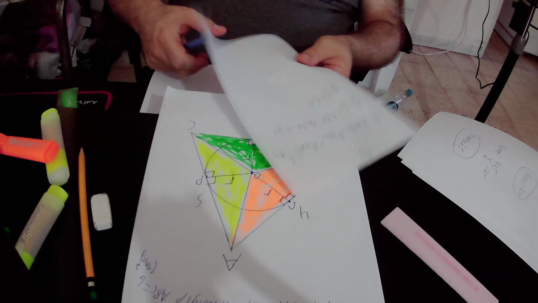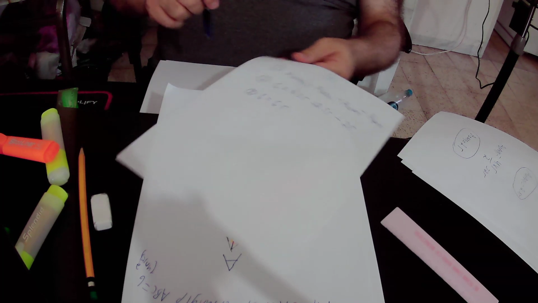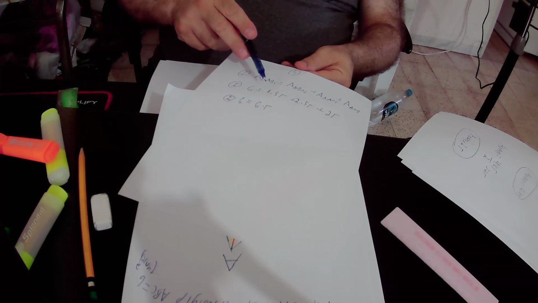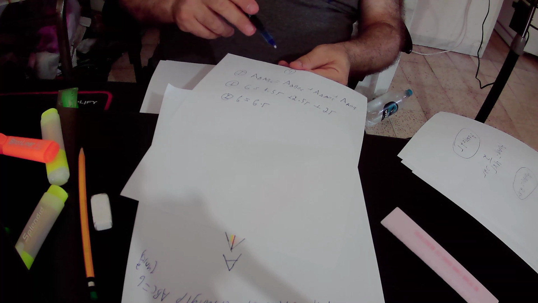Okay, 6 equals 6 times the radius of the circle.